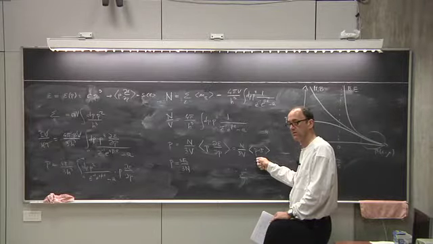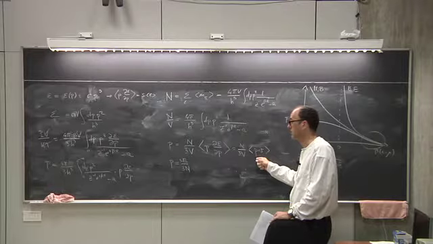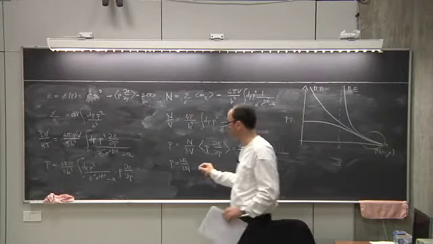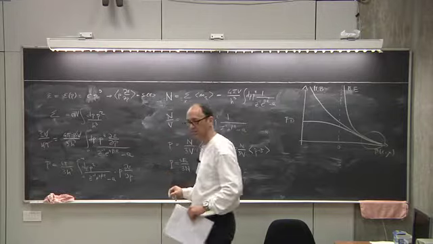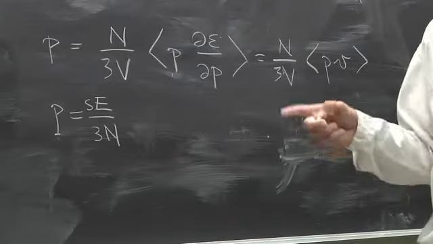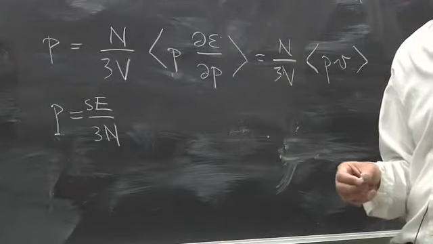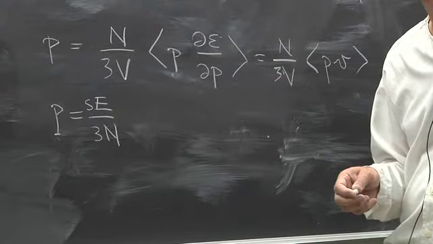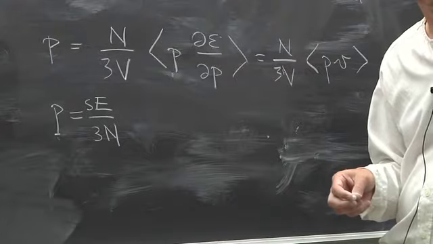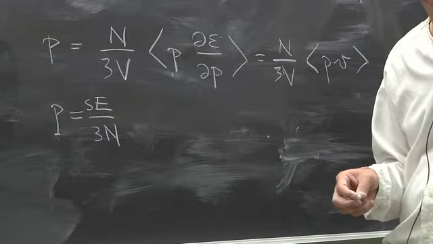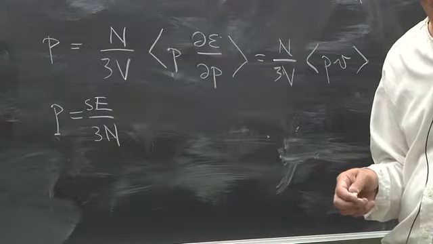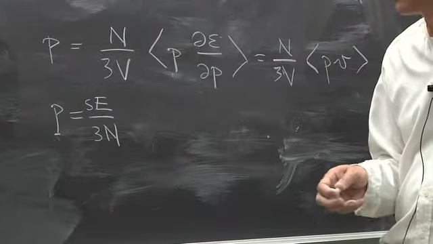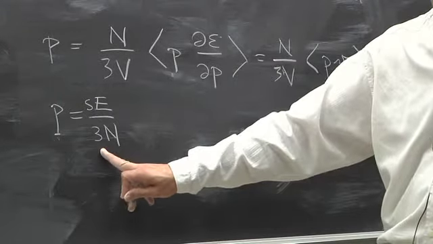So this is the pressure, sorry, it's not the momentum. The pressure is 2/3 of the energy density. Then there is a factor of 1/3 which remains. Where does this factor 1/3 come from?